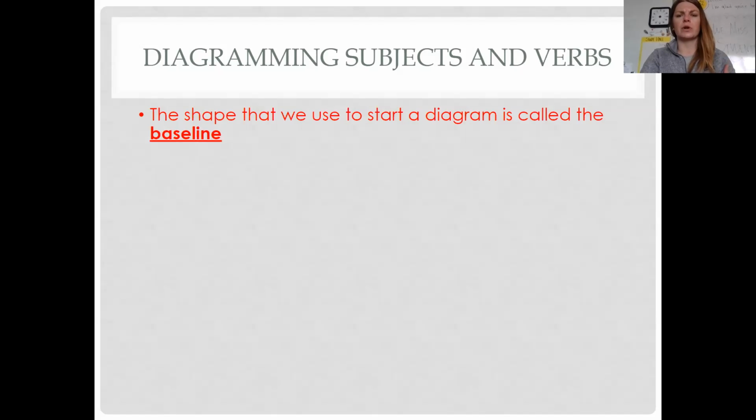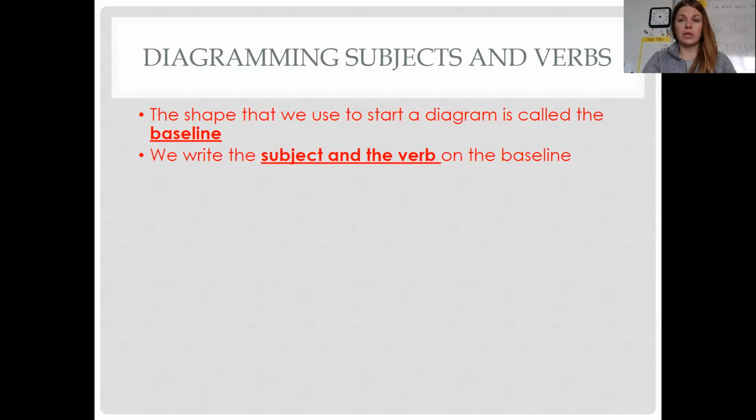The shape that we use to start a diagram is called the baseline. I will always call it a baseline. Later on, we'll have these things called baseline diagrams, which is just the most important parts of the sentences without modifiers. But just so you know that it's a horizontal line, and we call it the baseline. It is where everything builds off of. It's our base.